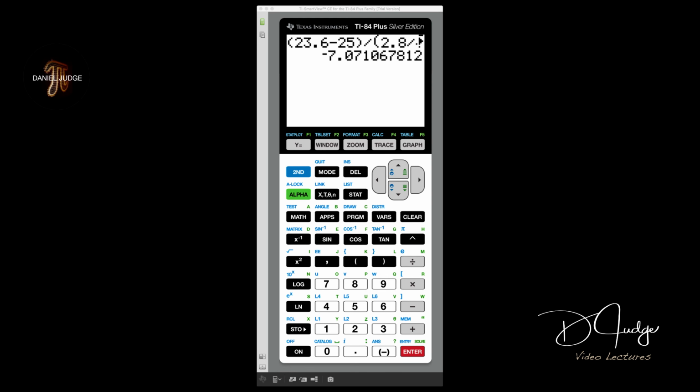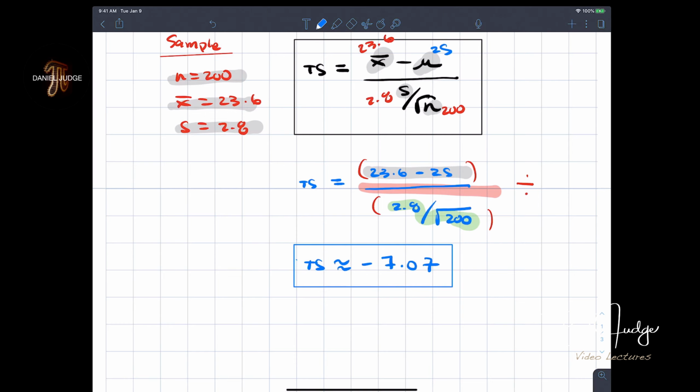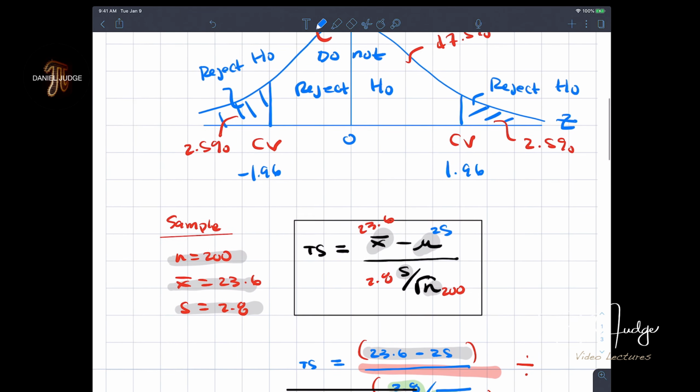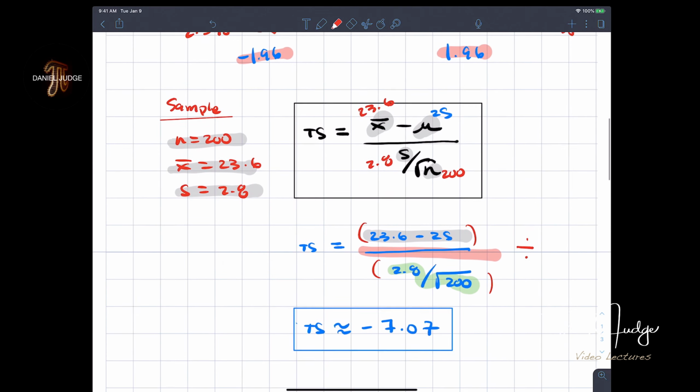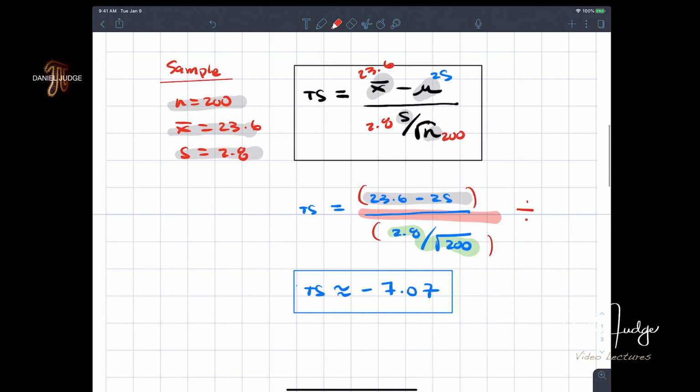So let's go back to the iPad and let's see that. Negative 7.07, you go, do I round to the same place value over here for my critical value? Yes. And then you say, why? Because you have to see where the value of negative 7.07 lives in your decision rule. Where does it live?